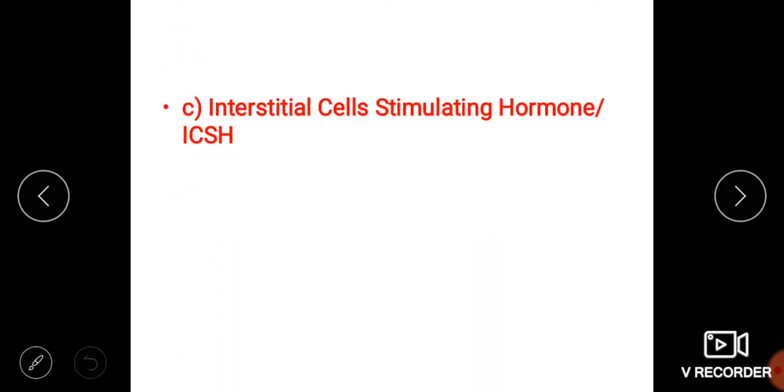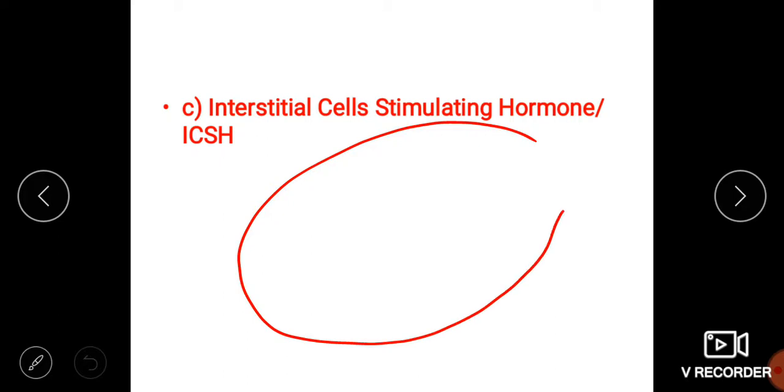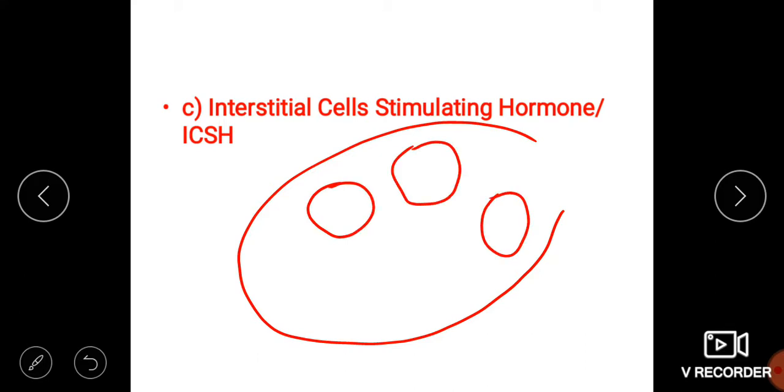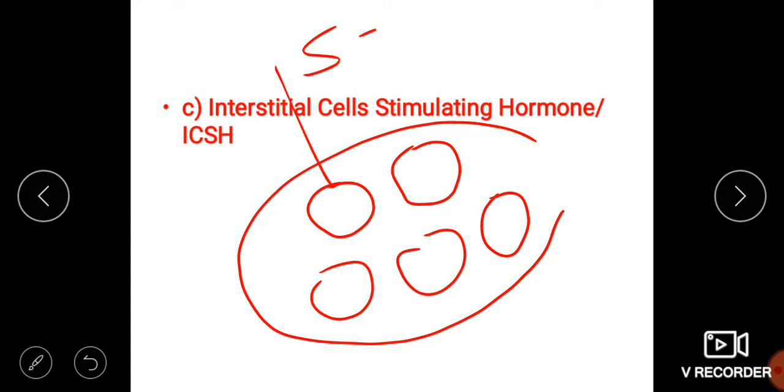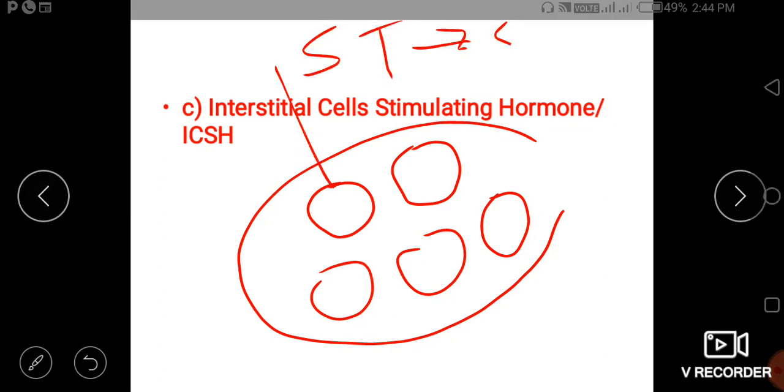Next hormone is interstitial cell stimulating hormone. This is a rough diagram of TS of testis. These are seminiferous tubules. Seminiferous tubule produces the sperms.